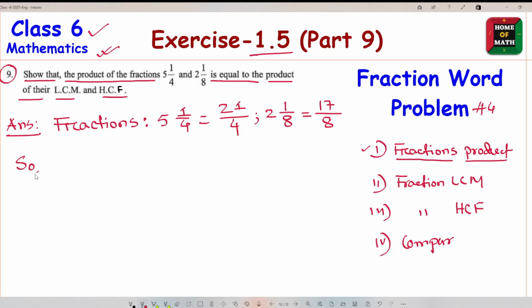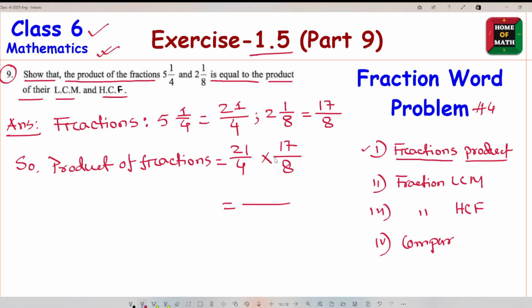So product of fractions equals 21/4 times 17/8.